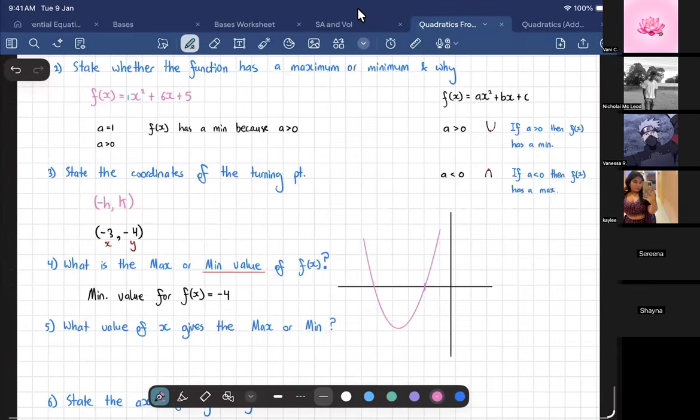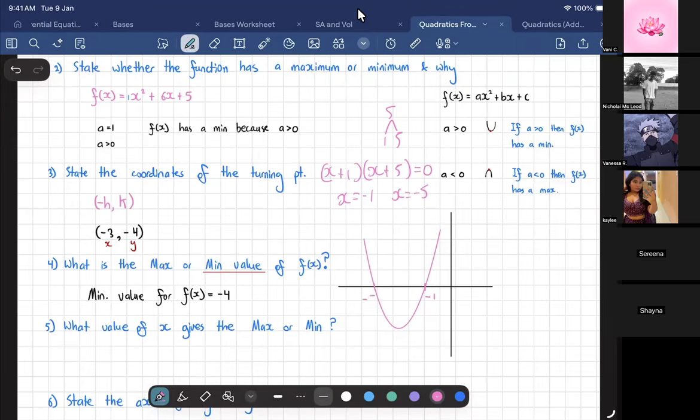If you factorize that and put it equal to 0 and find your roots, we did that in the last class. If I factorize that, that'll be x there, x there. The last number is 5, and I want to get 6, so that'll be 1 and 5. You put that equal to 0, x would be equal to -1, and x would be equal to -5. So in a quick sketch, -1 would go here, and -5 would go here.